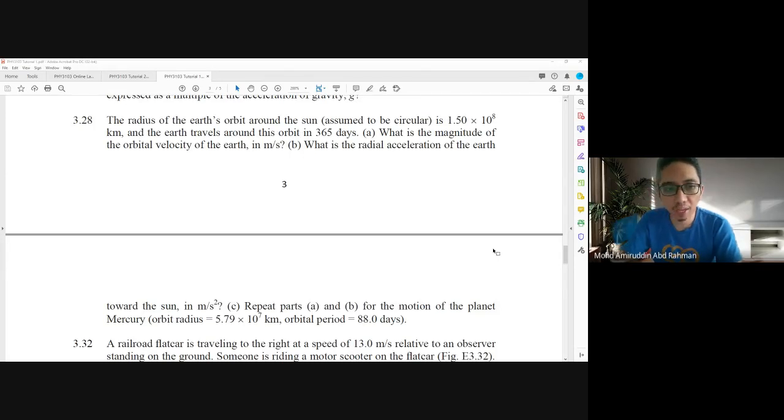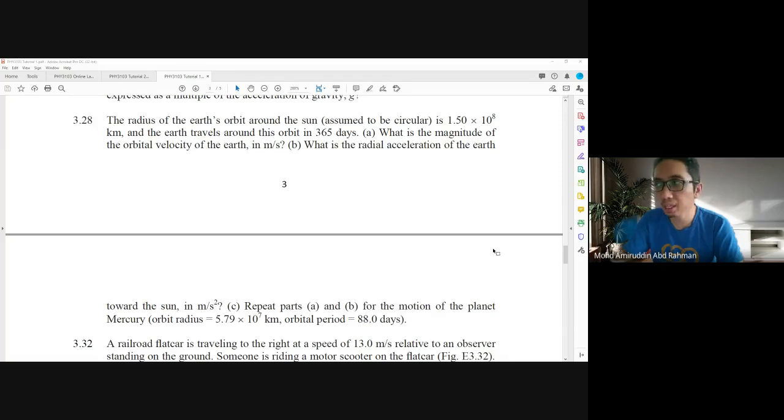So we have that as 2.98 times 10 to the power of 4 meter per second. Okay, so that's for A.